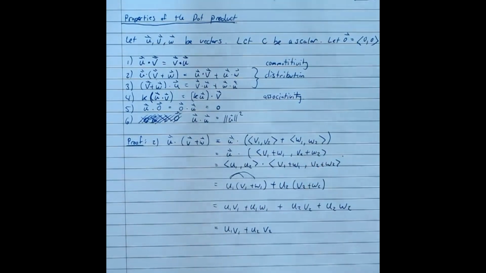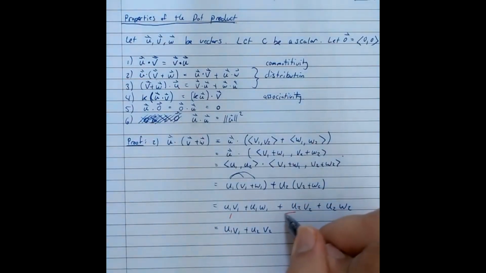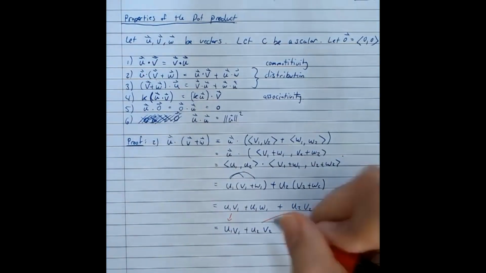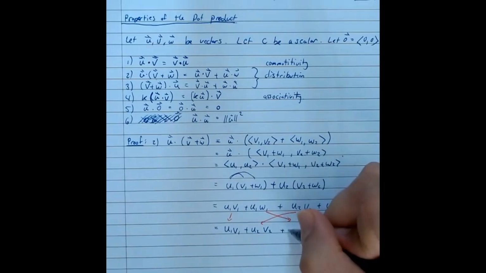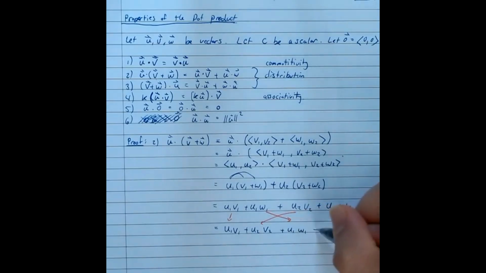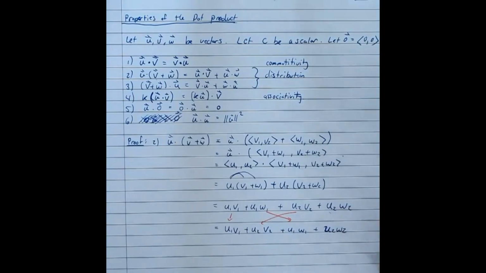All I'm doing is I'm writing this one first, and then I'm moving this one right here. I'm just reordering them. I'm going to go ahead and put this one third. So I'm going to write that one as plus U1W1. And then let me write U2W2 at the very end. So that one I'm just bringing straight down.